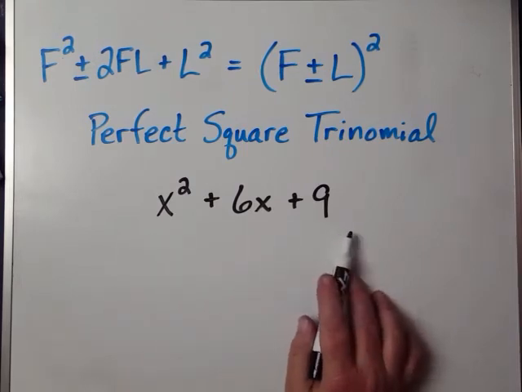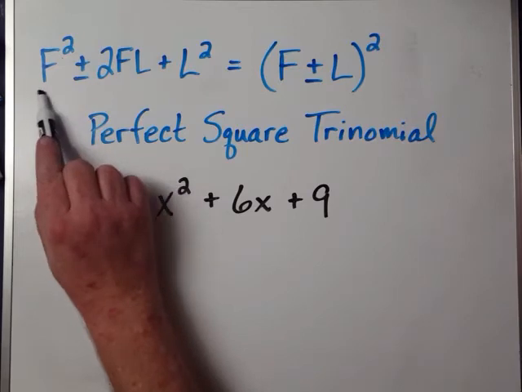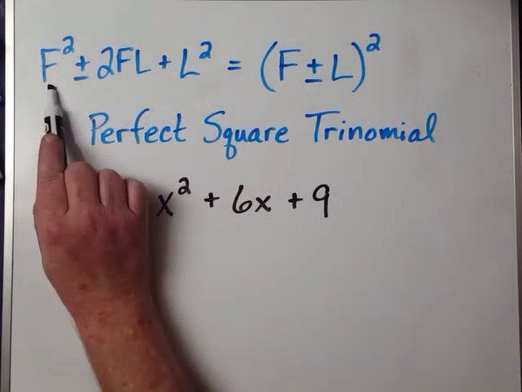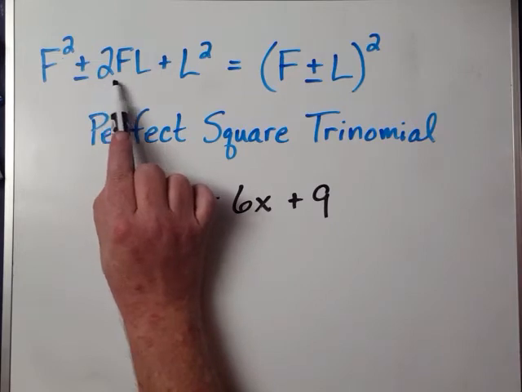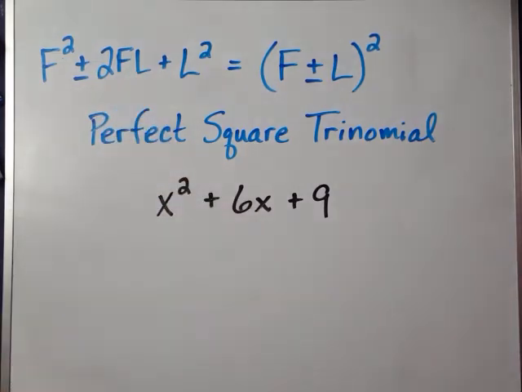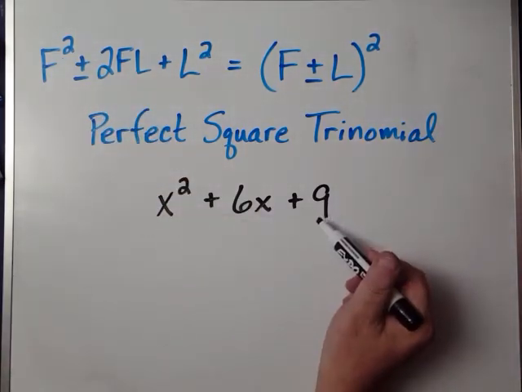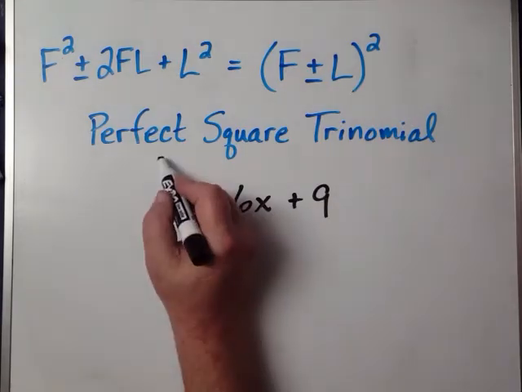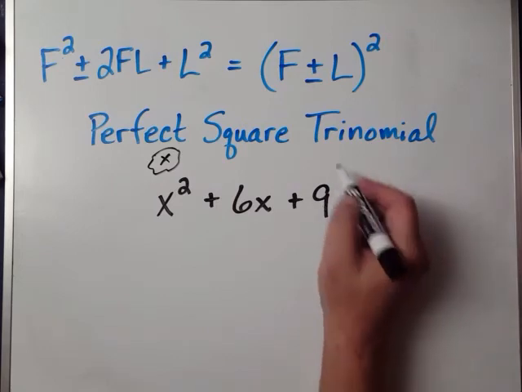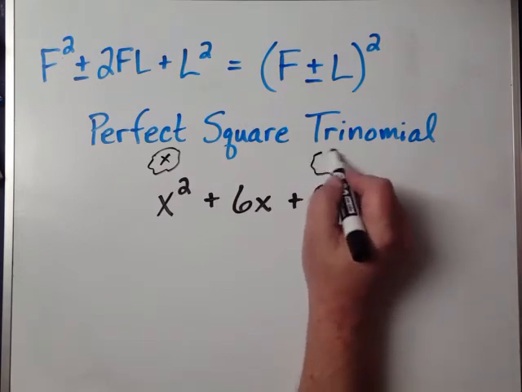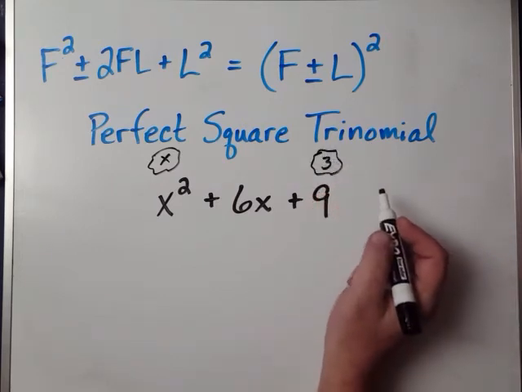How do I recognize a perfect square trinomial? Well, it's got to look like this. It has to start with a square, and it has to end with a square, and the thing in the middle has to be double the first times the last. Now, is that true of this trinomial? Well, it starts with the square of x, and it ends with the square of 3.